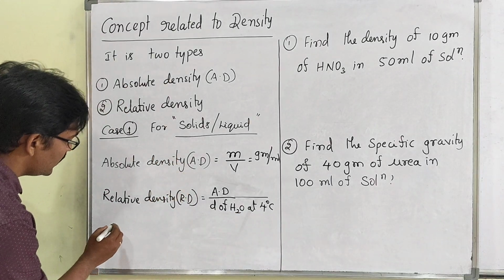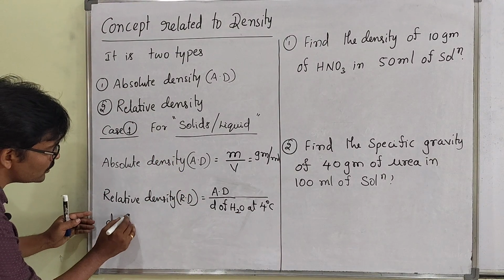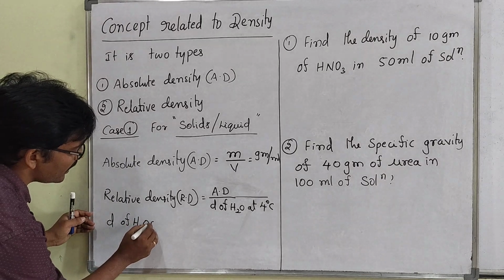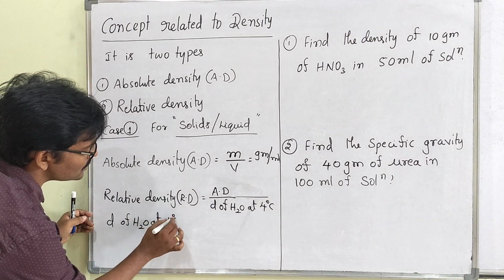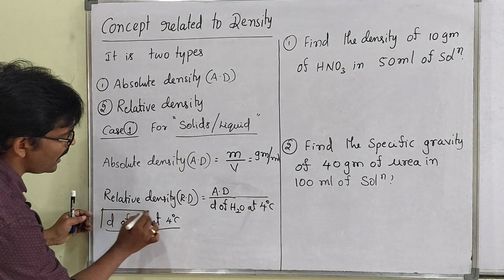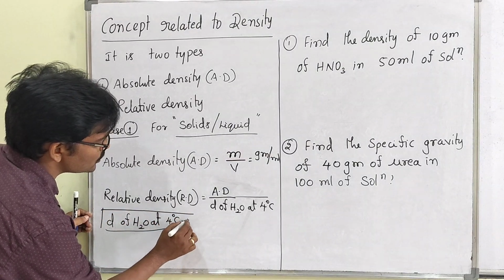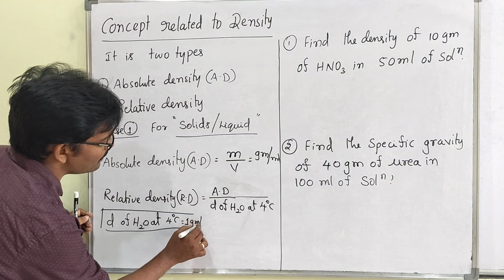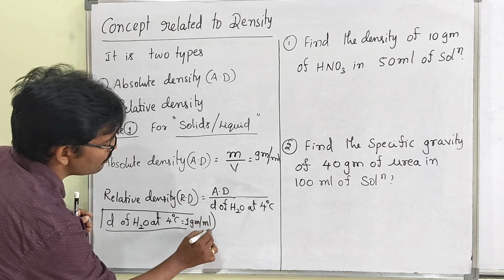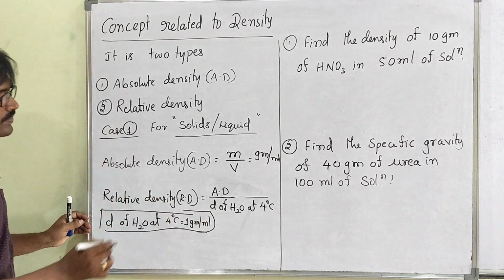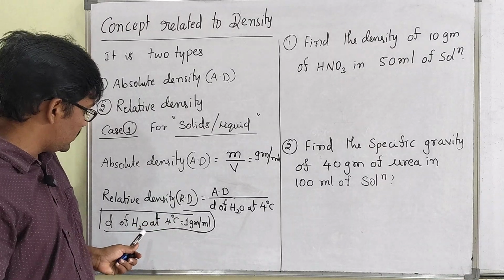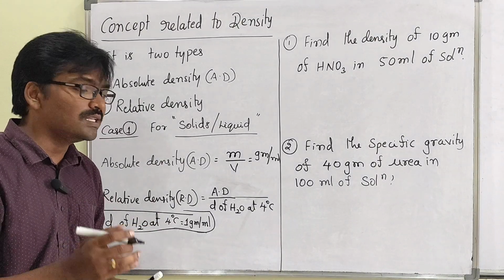So here, the density of H2O at 4 degrees Celsius, its value is equal to 1 gram per ml. So that is the H2O density at 4 degrees Celsius.